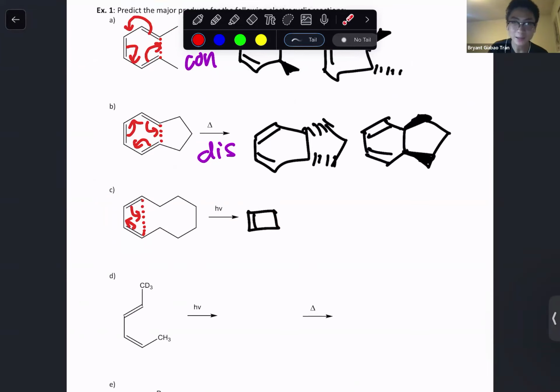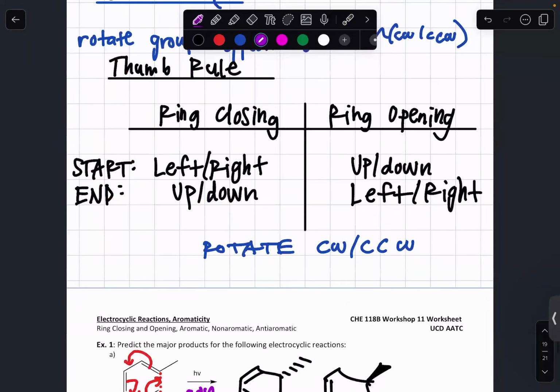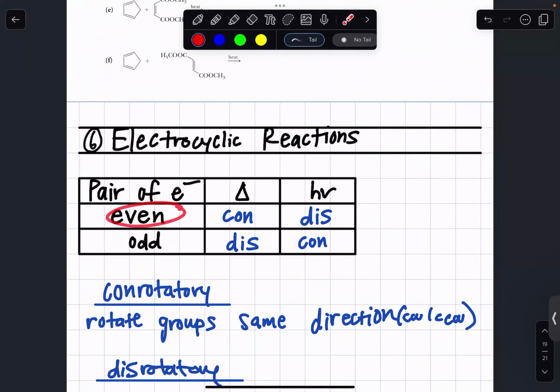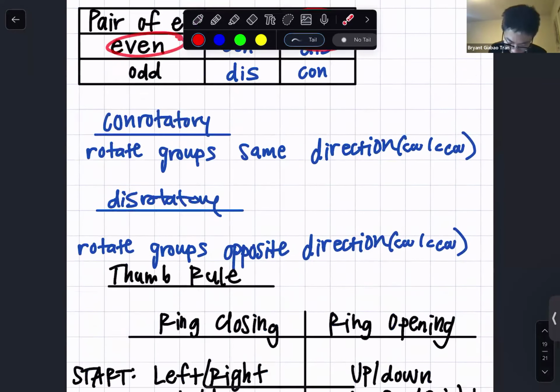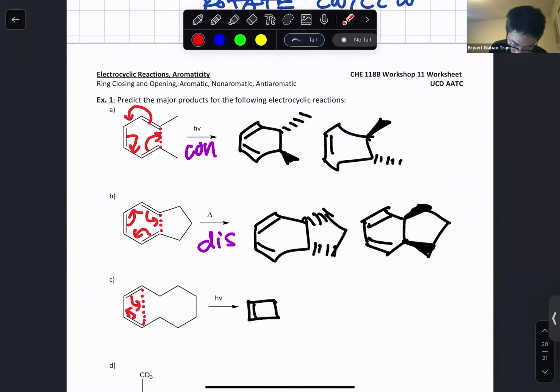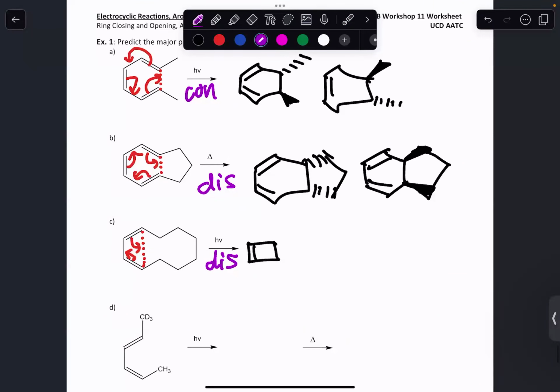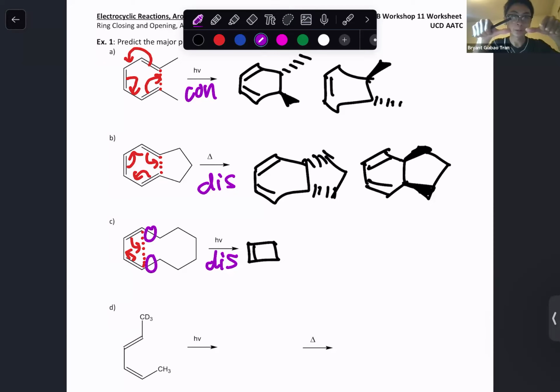We know it's 4 electrons, like you said, an even pair, reacting under light. So that would be even and light, disrotatory. In this case they are both facing in, so our thumbs will start this way instead, pointing to each other like that.